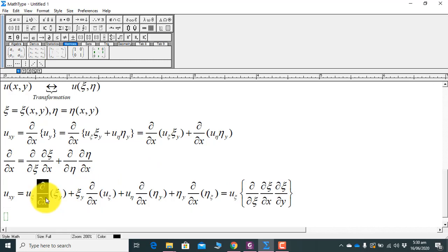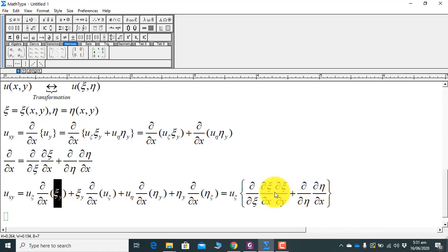Now this is in two terms: the first term is this and the second term is with respect to eta as well. So when you apply with respect to eta as well, there will be a summation and the answer will be this, with respect to xi y.